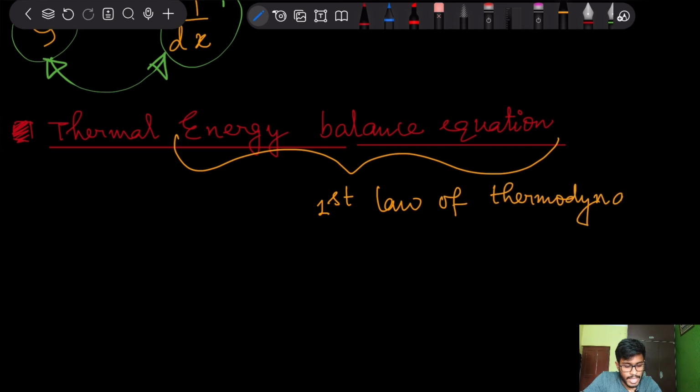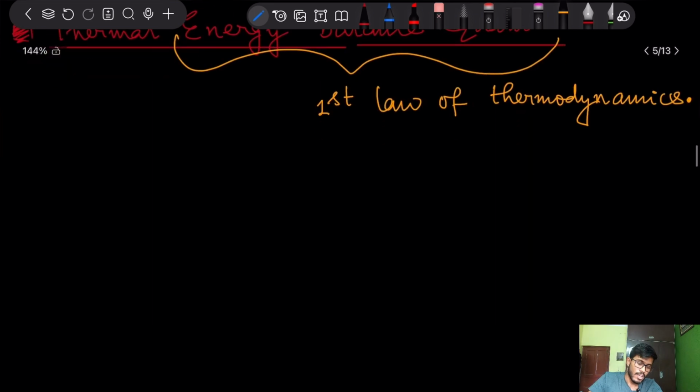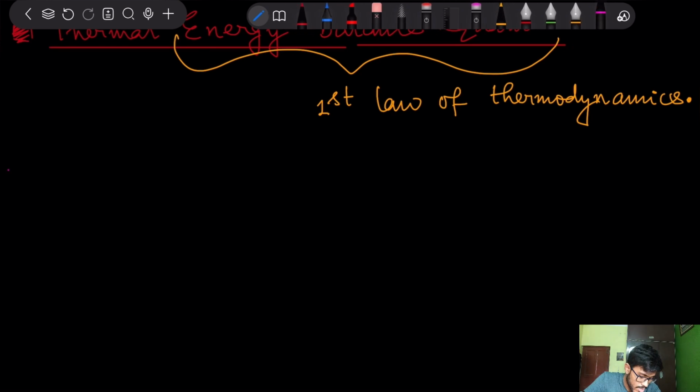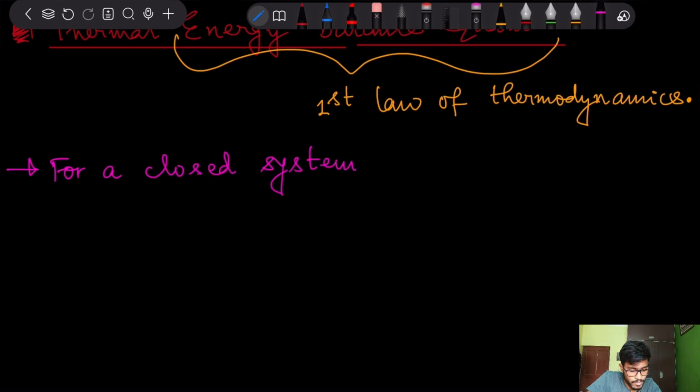Right? And now, can you write the equation for the first law of thermodynamics for a closed system? I hope you already know what we mean by a closed system.